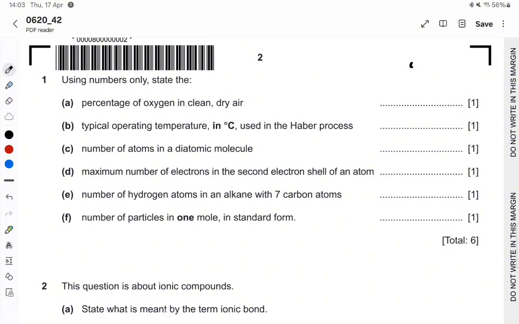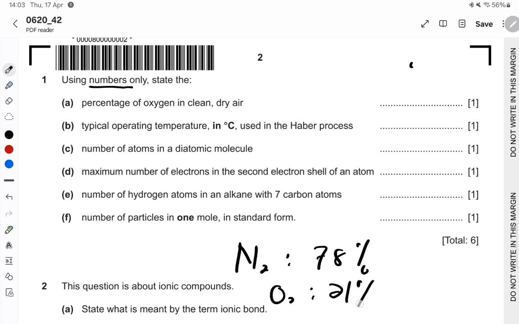Now, using numbers only, state the percentage of oxygen in clean, dry air. Just reminding you, nitrogen is 78%, oxygen 21%. These are the two main constituents.